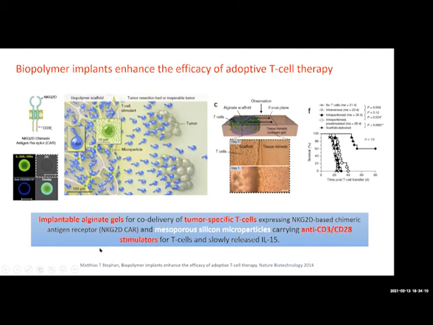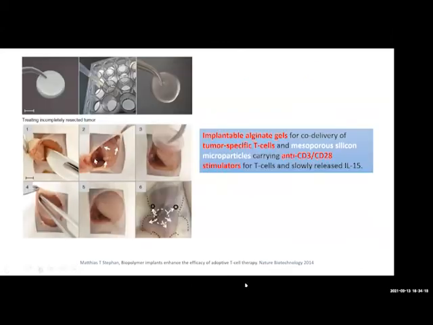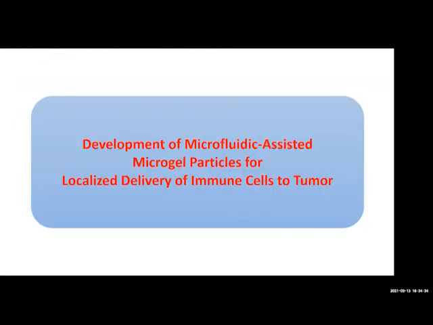Those are agonist, not antagonist, antibodies to activate the T cells. Then it is injected intratumorally, a very simple injection. This is the alginate hydrogel. Drug delivery scientists know how to generate this type of hydrogel, which is then injected into the tumor to induce an immunogenic response.